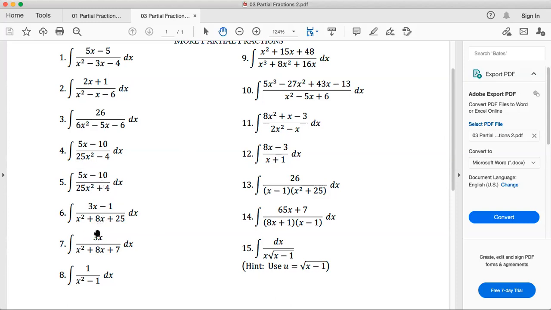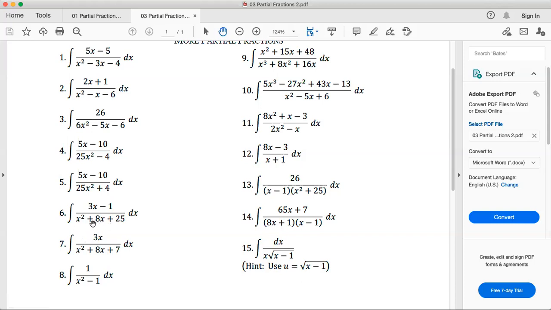If you look at 6 and 7, one thing you've probably already noticed on the worksheets is that I'll put problems next to each other purposely, where they look almost the same, and there's a big difference between them, and I want you to notice the difference. On number 7, the bottom factors. On number 6, the bottom is irreducible.